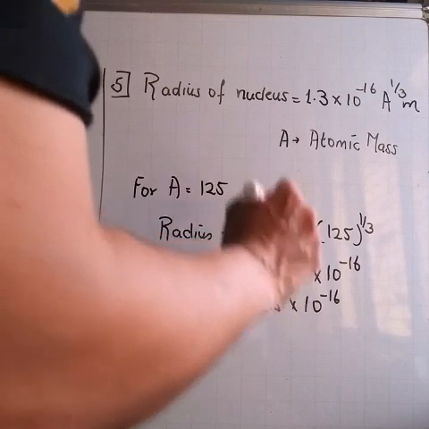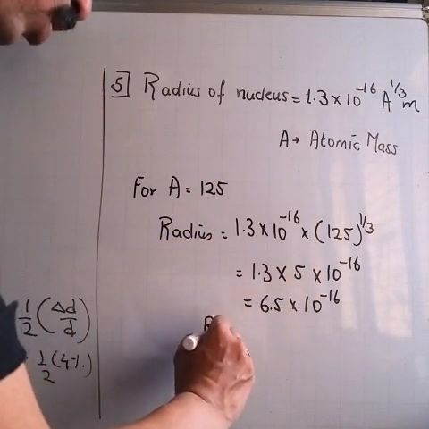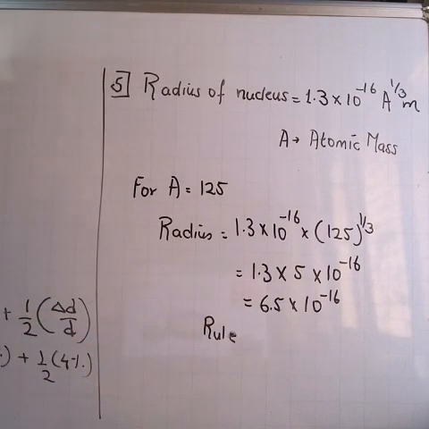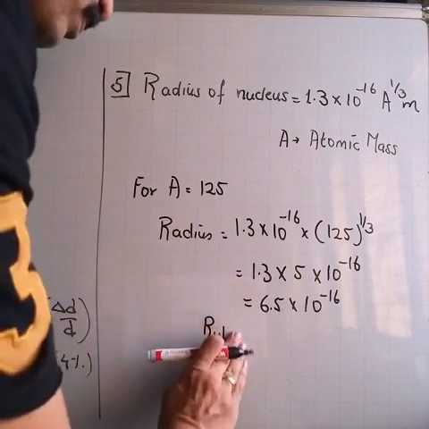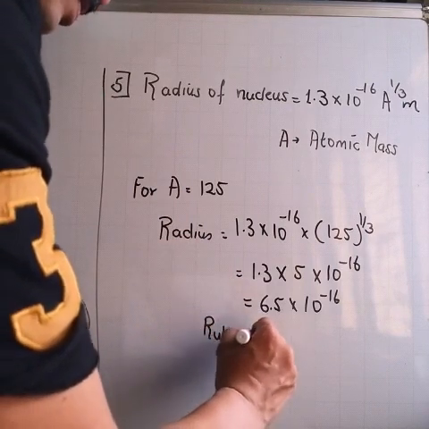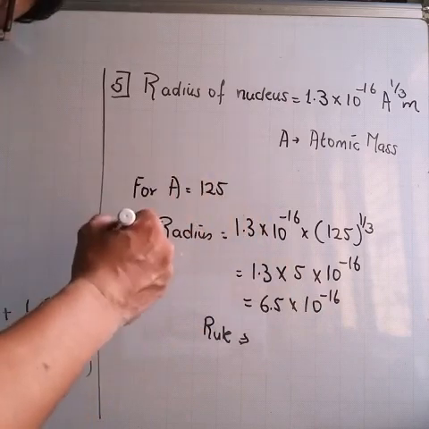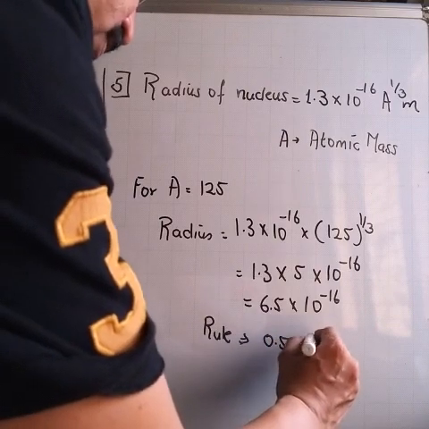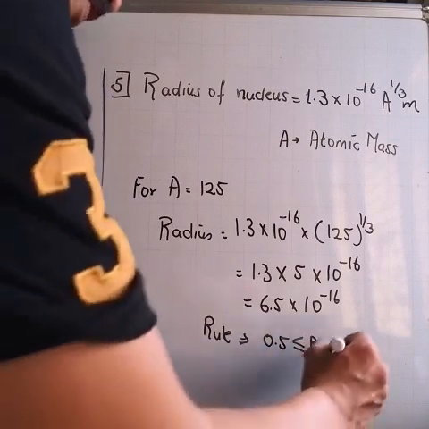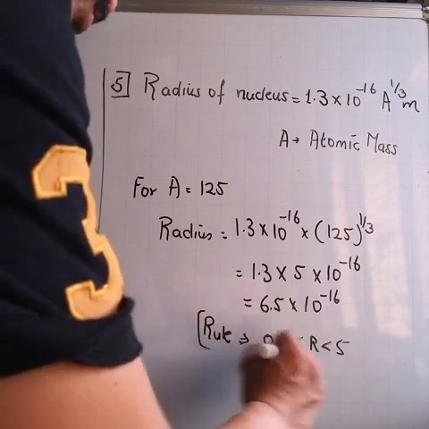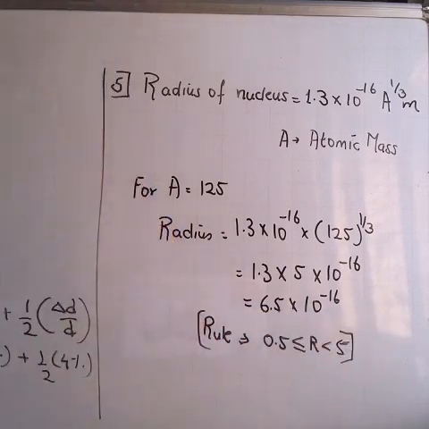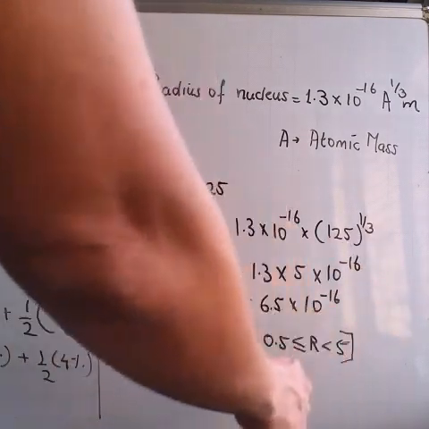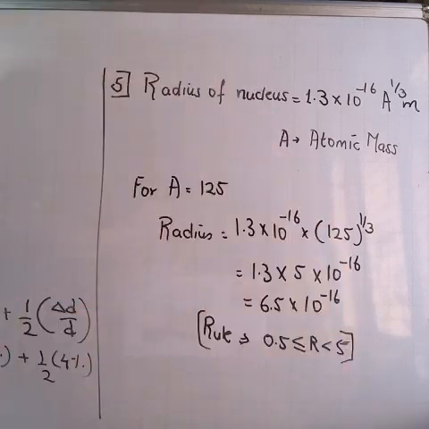Now according to the rule of order of magnitude, the value should be greater than or equal to 0.5 and less than 5. This is our rule to decide order of magnitude. Now see this value 6.5, it is greater than 5, so I have to decrease this and bring it in this range.